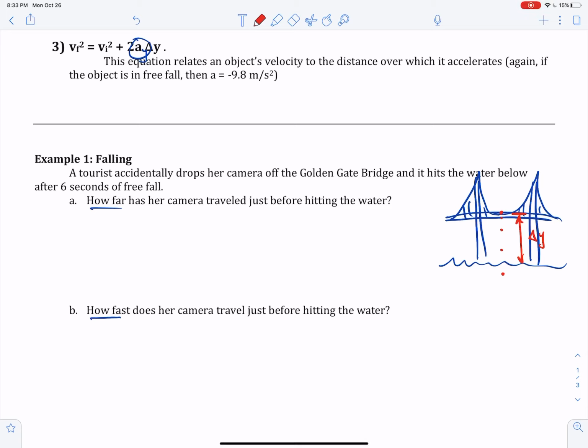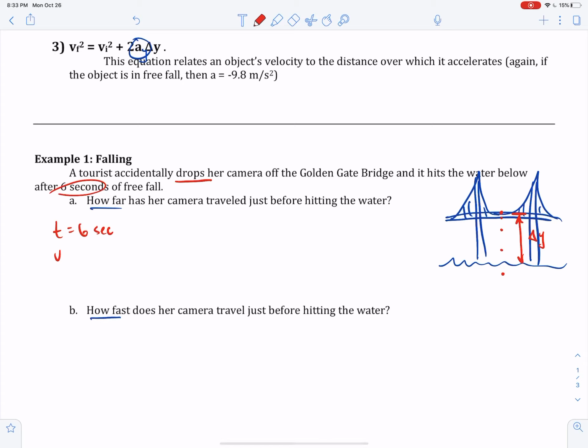So let's list out some givens, first of all, and see if we can answer this question. The first obvious given is the seconds, right? So we know that the time is 6 seconds. But then there's a couple of hidden givens. One is if you drop something, you're not throwing it, you're just releasing it from rest.